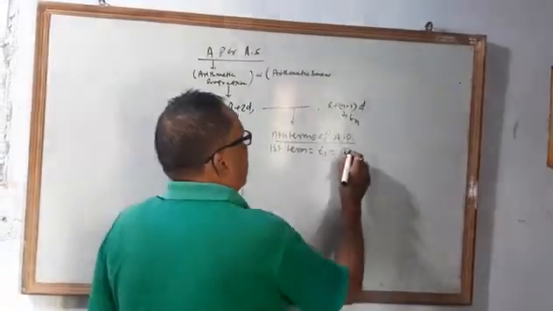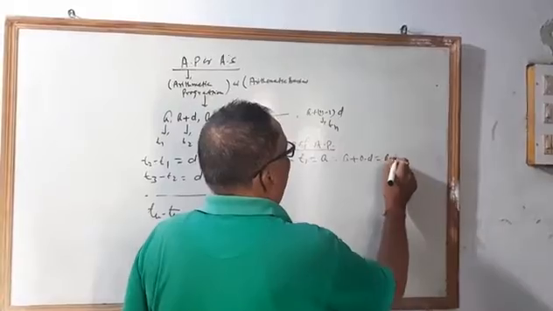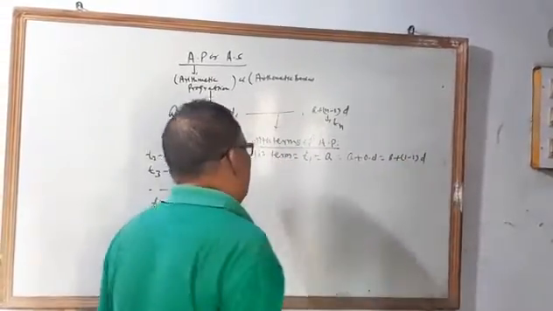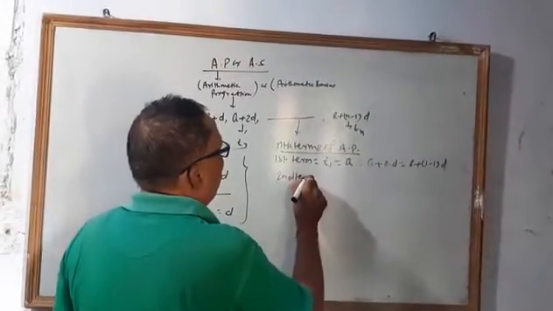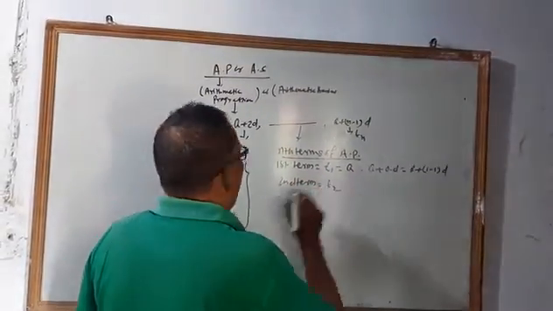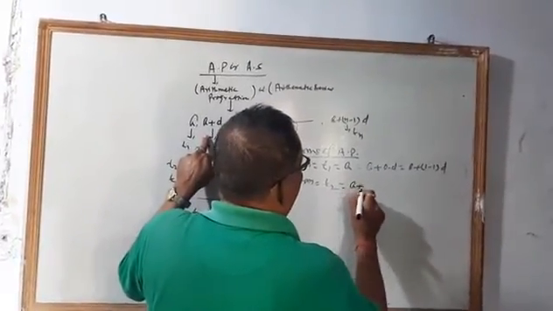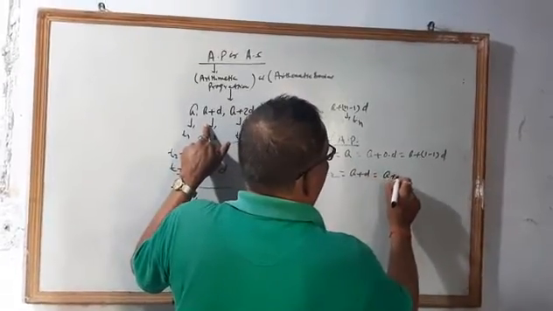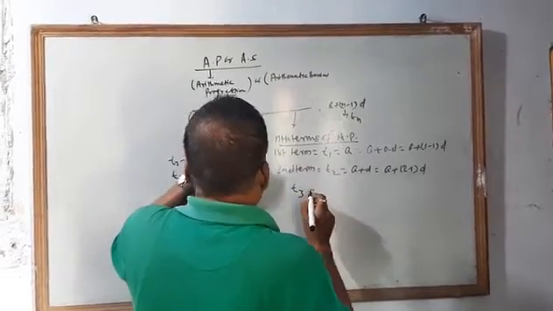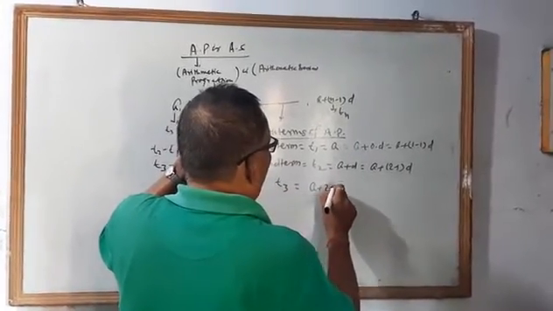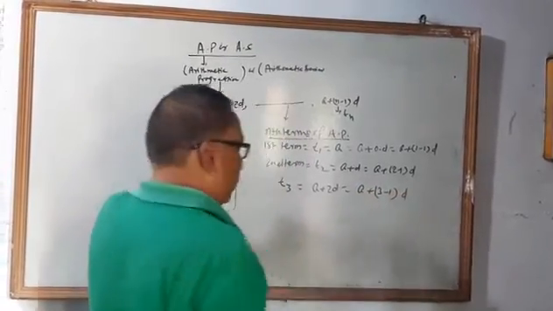It may be written as a plus 0 into d, a plus (1 minus 1) into d. The second term T2 will be a plus d, written as a plus (2 minus 1) into d. T3 is a plus twice d, that means a plus (3 minus 1) into d.